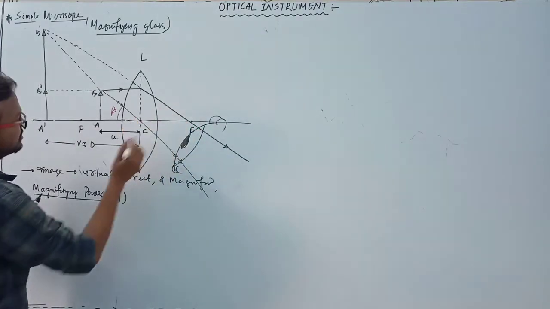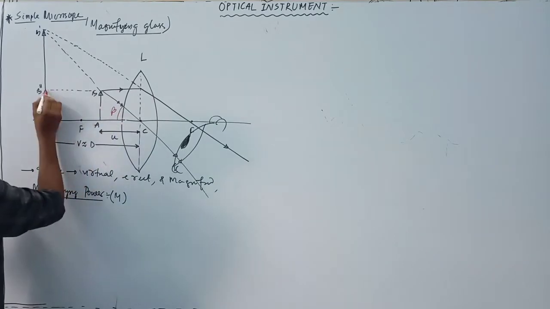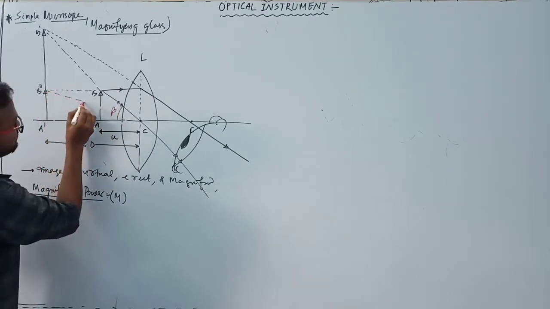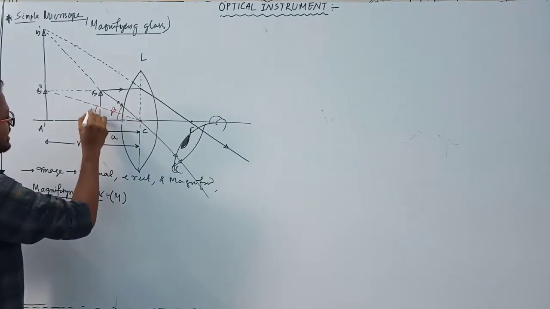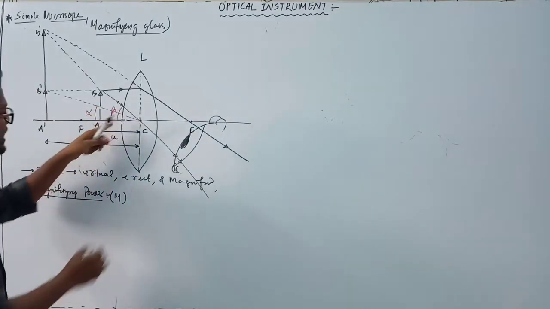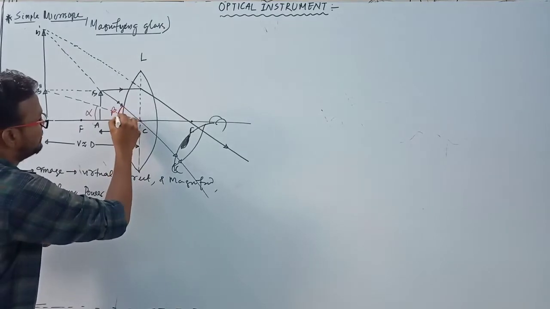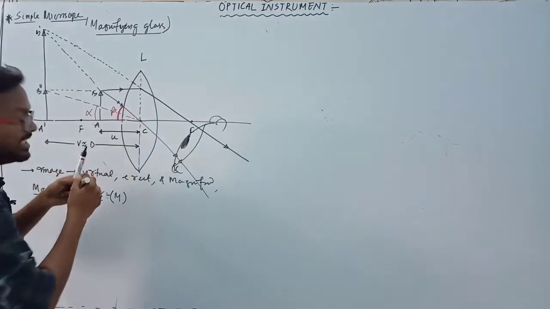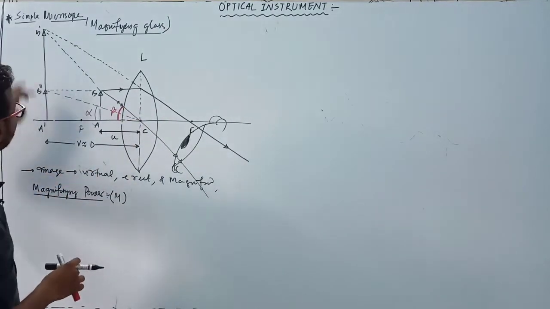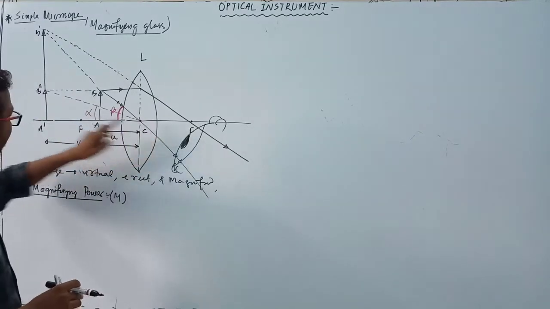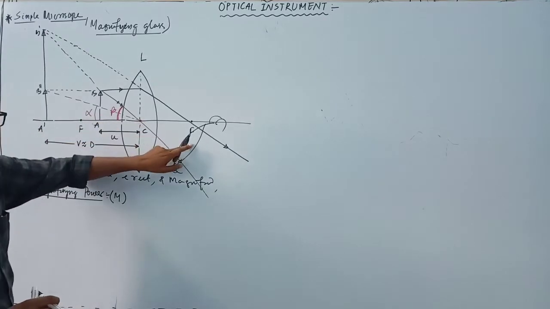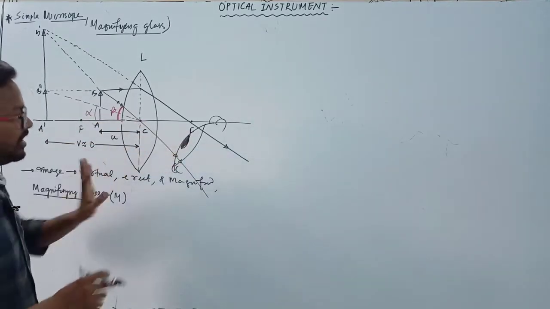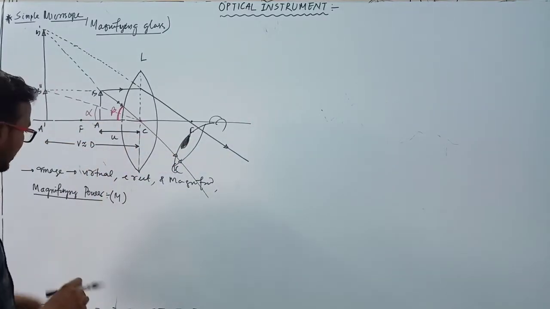So if you draw an angle like this, this angle is known as alpha and this angle is known as beta. Beta is the angle subtended by the image at the eyepiece, and alpha is the angle subtended by the object. Clear? Aided eye and unaided eye we will discuss here.